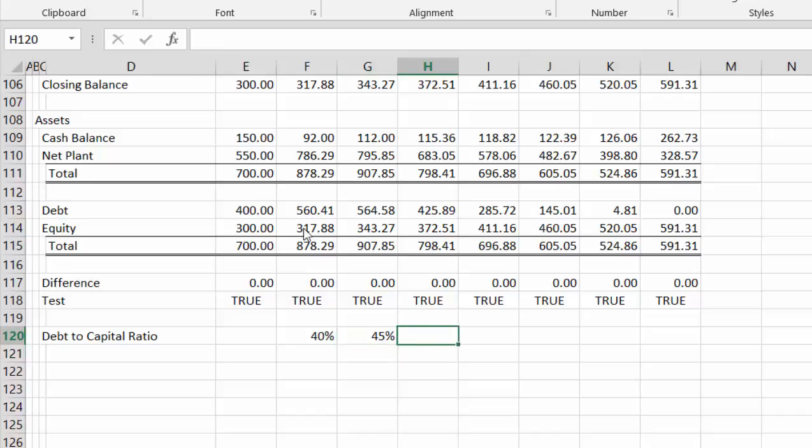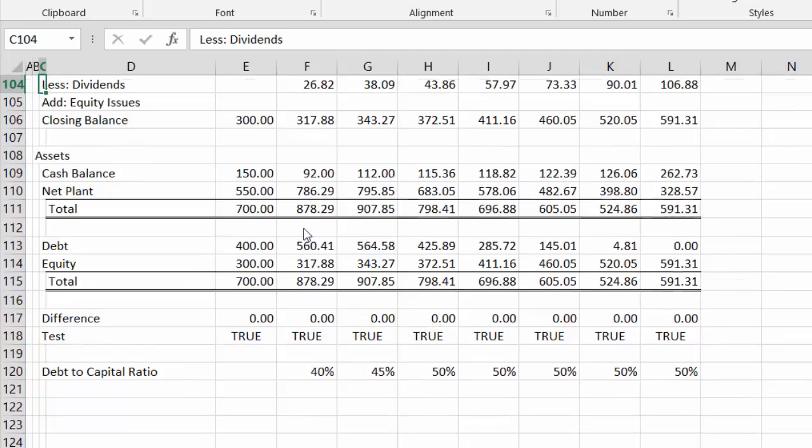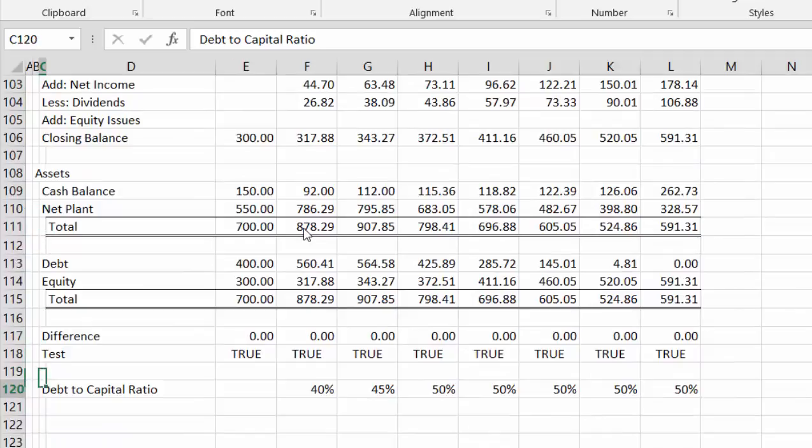And 50%. God. And then using this, we can check this against the actual debt to capital ratio.